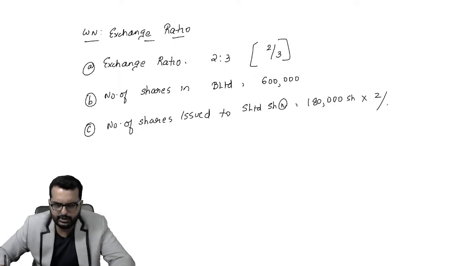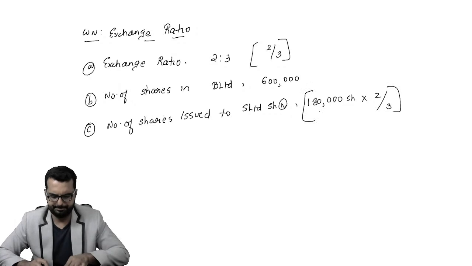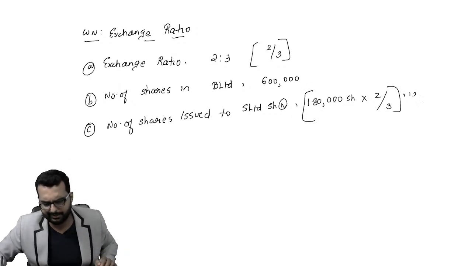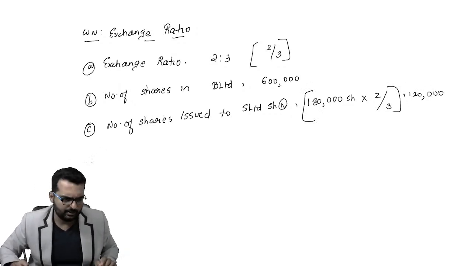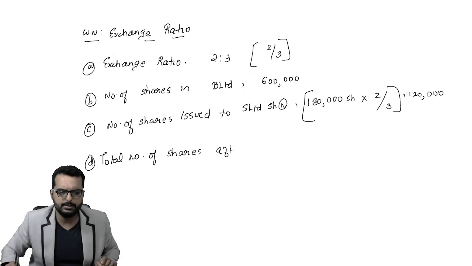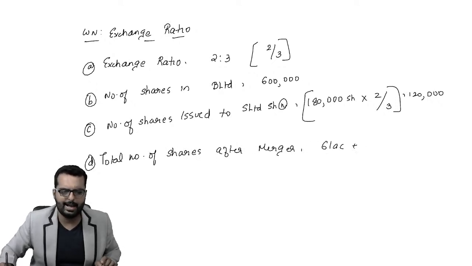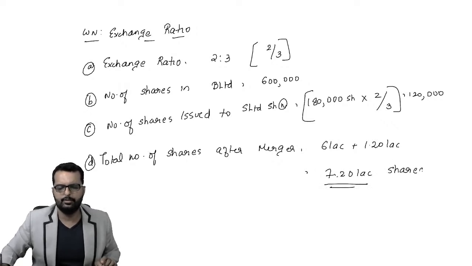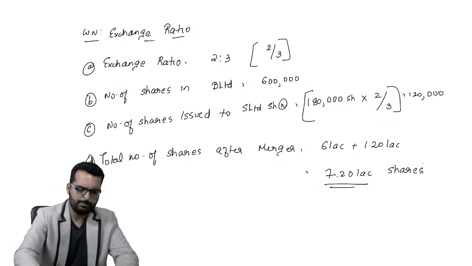For every 3 shares, only 2 will be issued, right? So I think you'll get the answer as 1,20,000. So the total number of shares after merger would turn out to be 6 lakh plus 1.2 lakh, that is 7.2 lakh shares. Can you write down this in your books now?